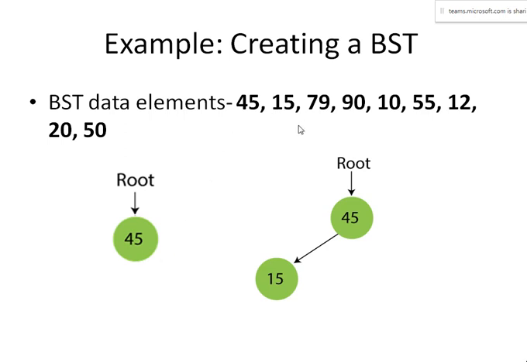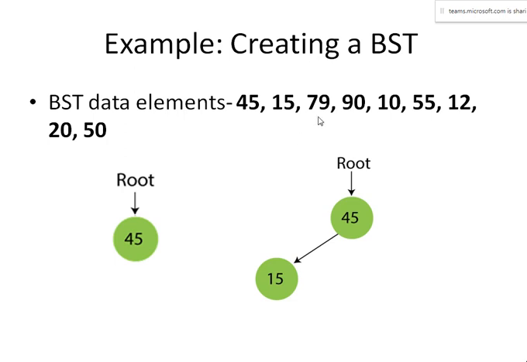So first we have created a root node, following step number 1. Now coming to step number 2, we read out the next element. The next element in the series is 15. We know it is less than the root node, so we will insert it in the left subtree.